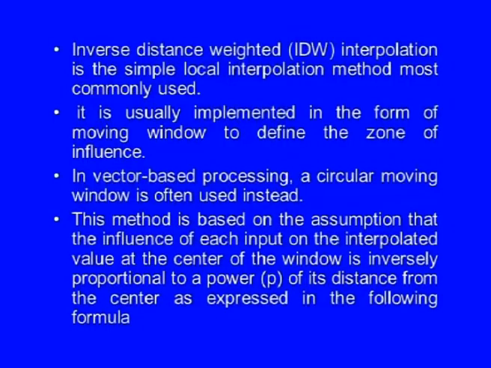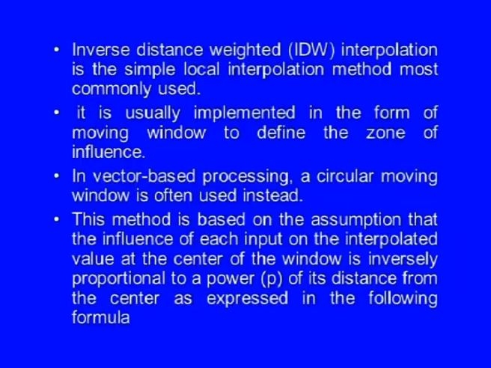The next method of interpolation is inverse distance weighted, or IDW, interpolation, which is a simple local interpolation method most commonly used. It is usually implemented in the form of a moving window to define the zone of influence.